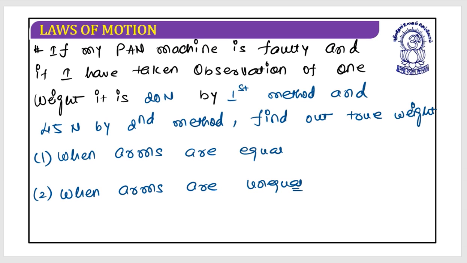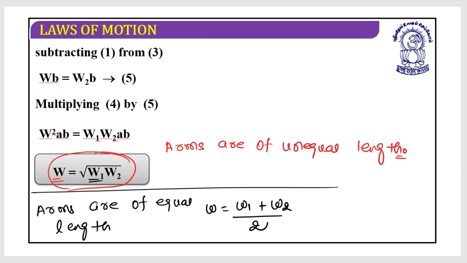If not, then just have a look. Please note it down. If arms are of unequal length, then W = root of W1 into W2. And if the arms are of equal length, then W = (W1 + W2) / 2.